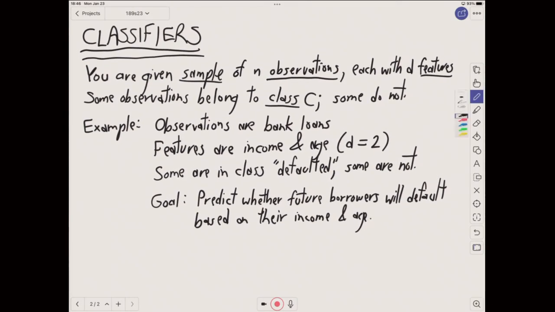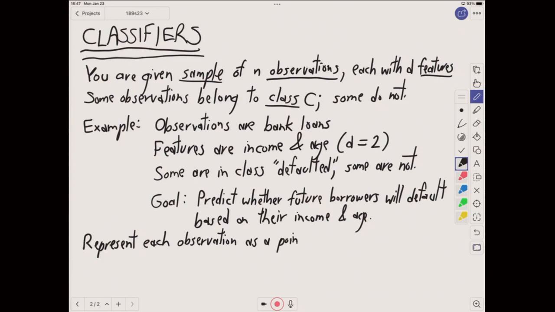Now, in machine learning, we almost always think of each data point or each observation as being a point in a d-dimensional space. Which is easy when it's a two-dimensional space and hard when it's a million-dimensional space.